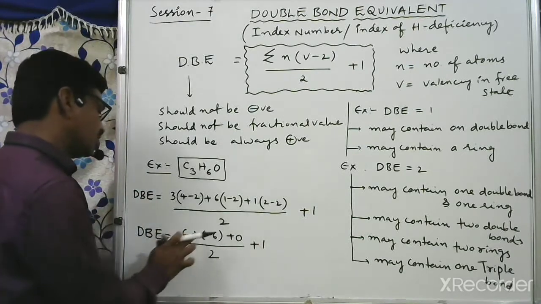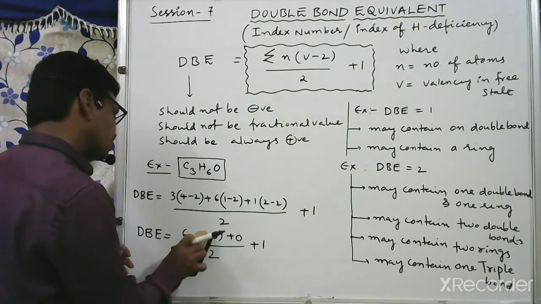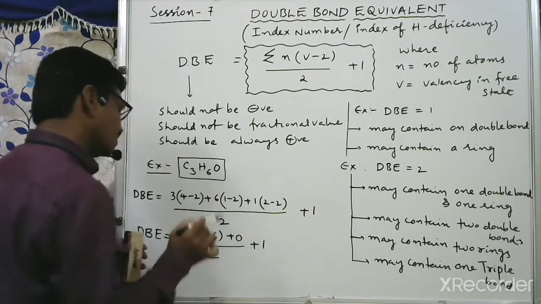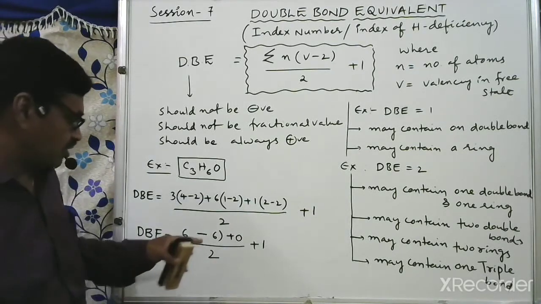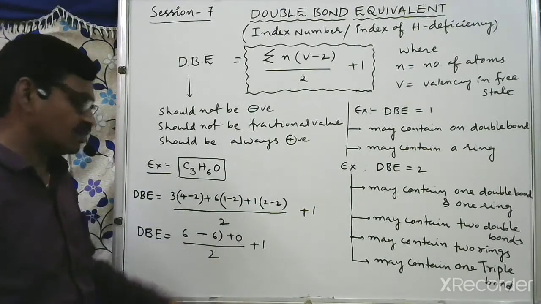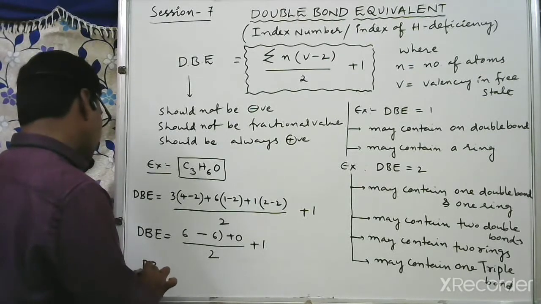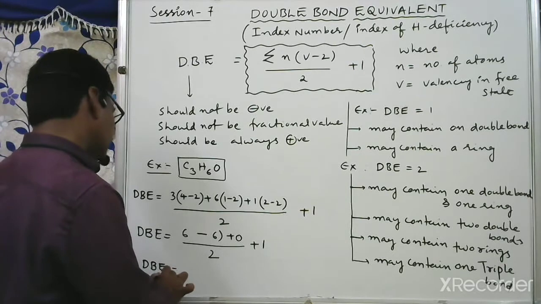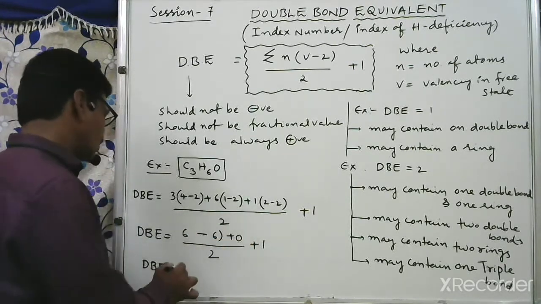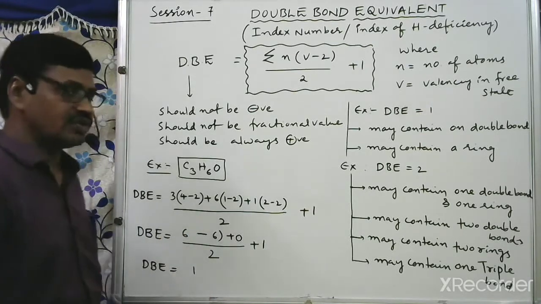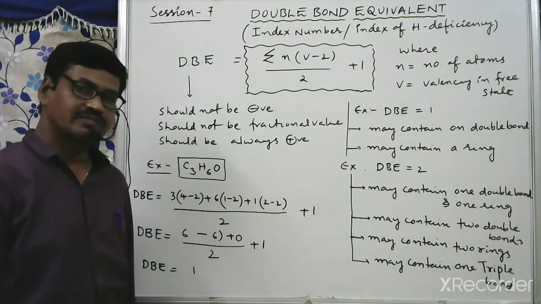Plus into minus is minus only, so directly I am writing 6 minus 6 plus 0, by 2, plus 1. What value do you get here? Finally the double bond equivalent equals 0 by 2 plus 1. It is equal to 1. For C3H6O, double bond equivalent equals 1.